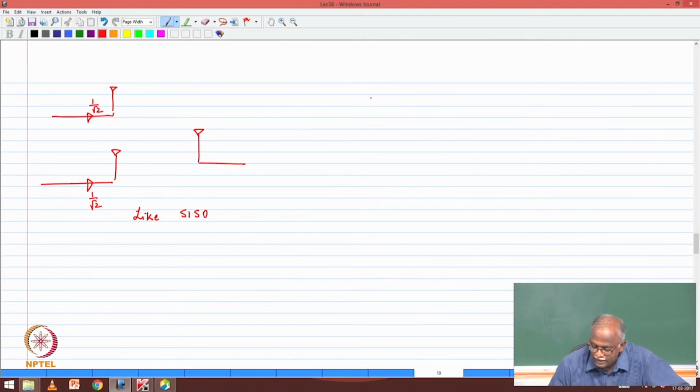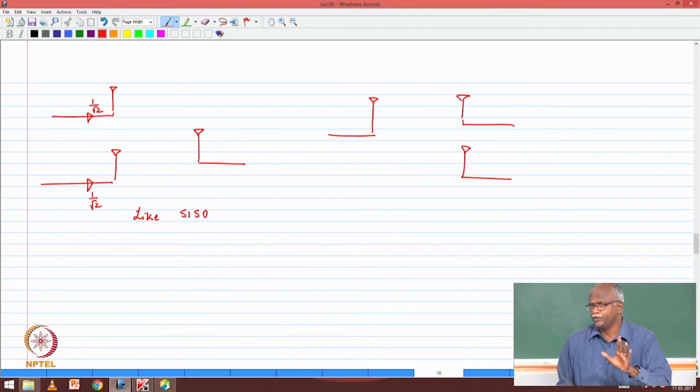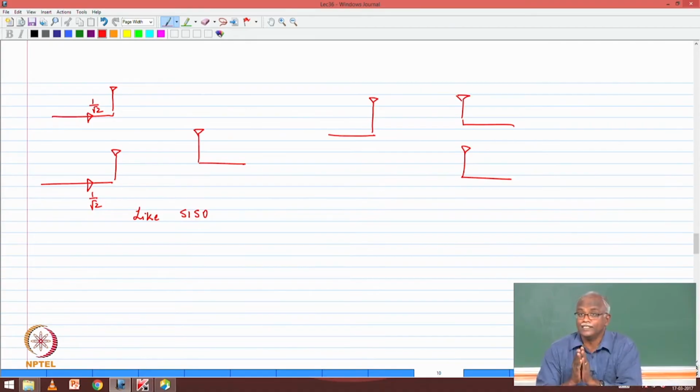On the other hand, if I had receive diversity, I have one transmitter and 2 receivers. Is this any different from a diversity point of view? No, I still will only get 2 diversity channels, and if I get mod Z1 squared plus mod Z2 squared, diversity benefit is obtained. But notice, I transmitted with a certain amount of power, but I have 2 antennas that are listening to the signal. That means I can pick up twice the amount of energy that I would pick up with a single antenna.